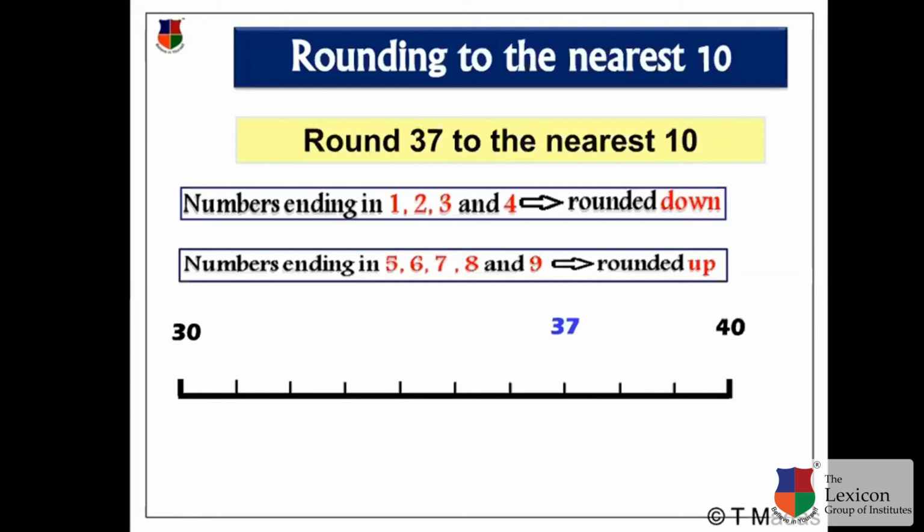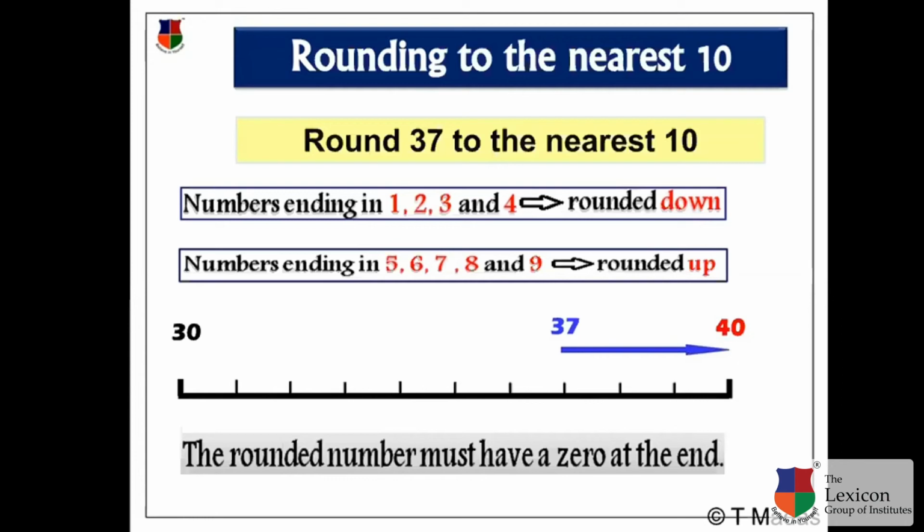I will not go behind, I will go ahead. So which number will be there? Correct, 40. Now, whenever you round off a number to the nearest 10, it must have a 0 at the end, correct? Now we will understand this with one more example.